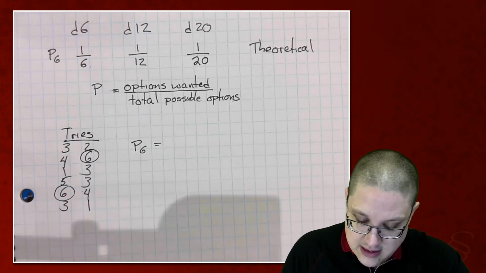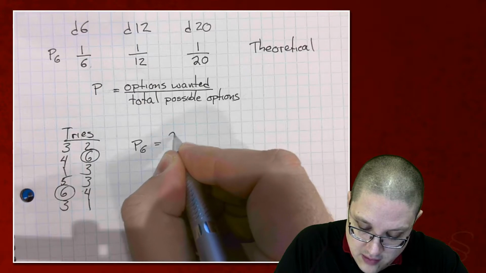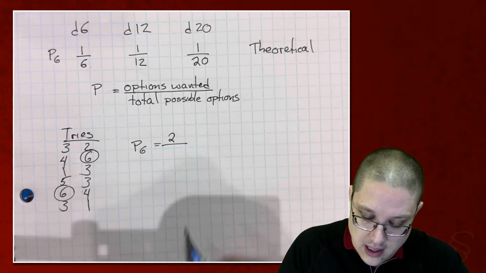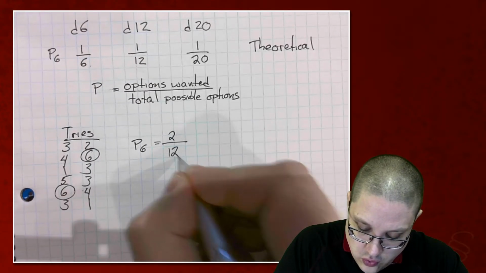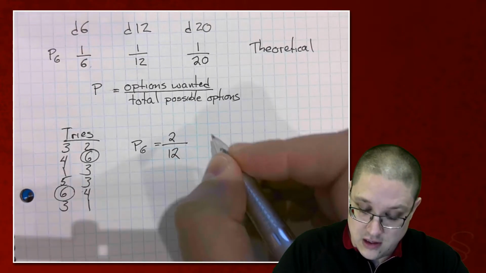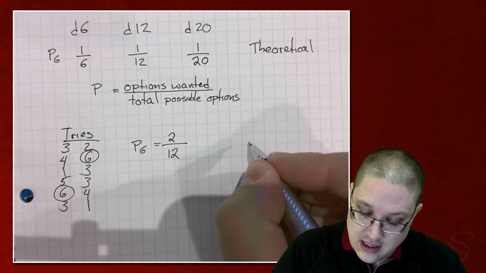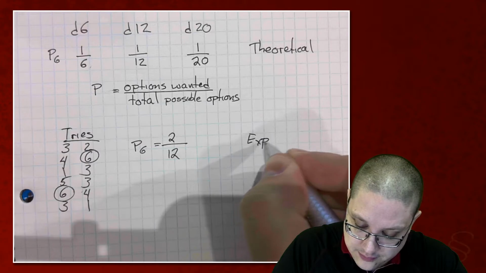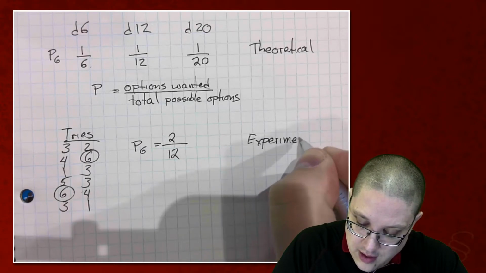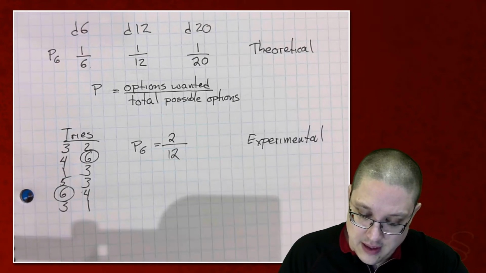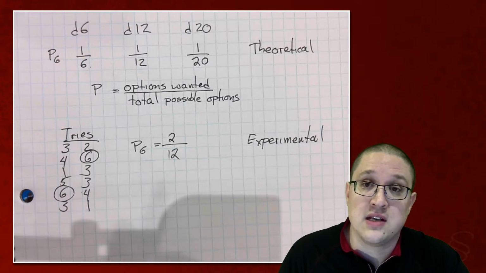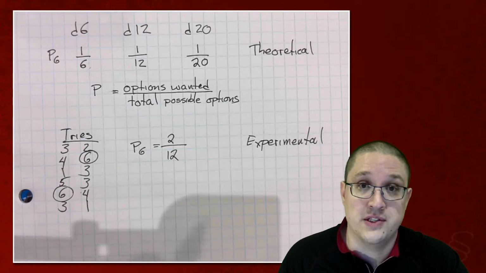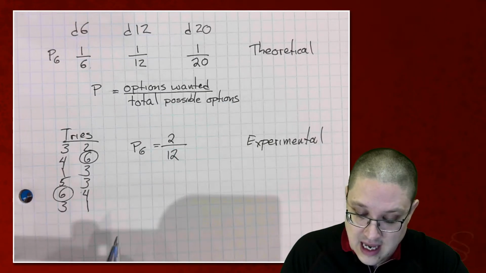There's 1 6 there. So I have 2 out of 12. So this is my experimental probability. And this is based on something that I have tried, that I have observed in the past. I have seen this happen.